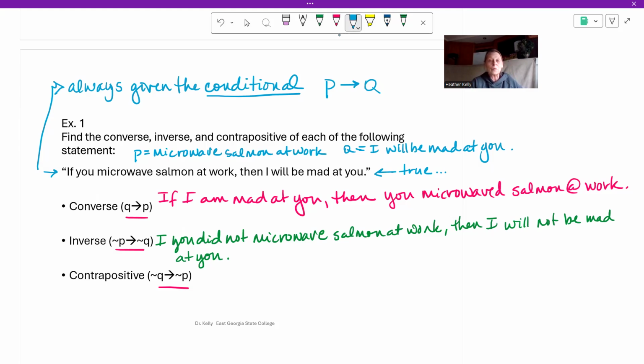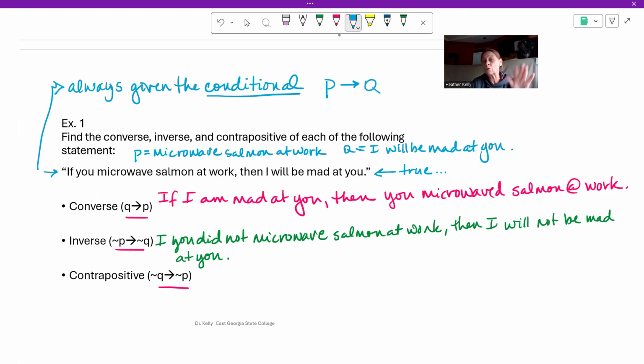This is the deal, okay? So let's look at the converse again. If I am mad at you, then you microwave salmon at work. But couldn't I be mad at you for another reason? For sure.